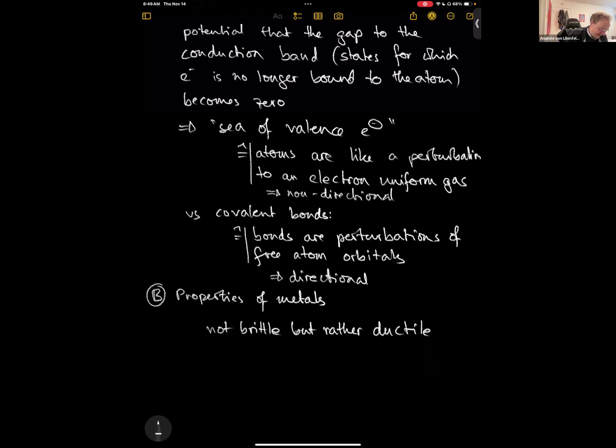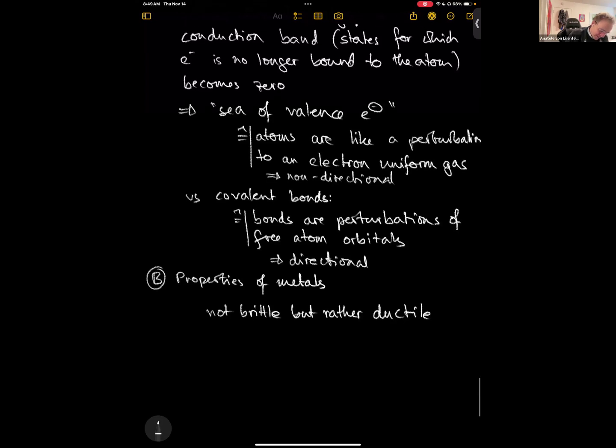Okay. So this non-directional binding results in very low curvatures. So the potential is rather shallow, and so they are quite soft. So this is great for handling.